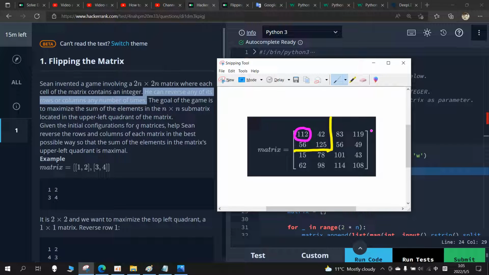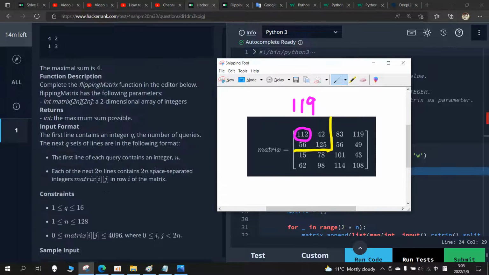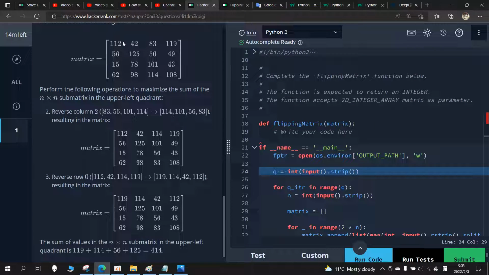That means basically we can reverse the first row, and after reversing, it's going to be 119 here. Because here there was one example. Firstly, it reversed the column. Initially, it was 83, 56, 101, 114, and after reversing, it becomes 114, 101, 56, 83.